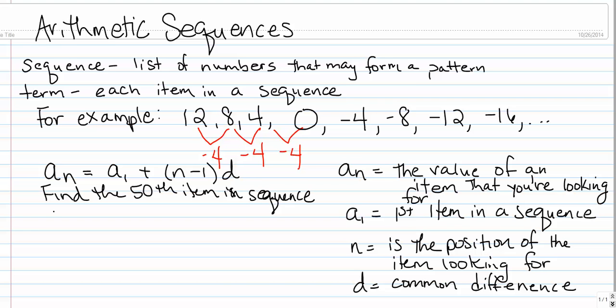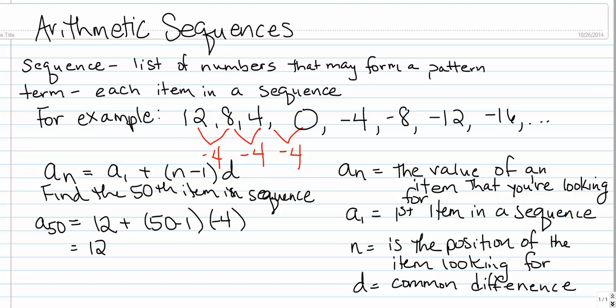Okay, so I want to know what the value of the 50th item is in the list, so a sub 50. The first item in our list was 12. 50 is the position of the item that I'm looking for, and the common difference is -4. And when that d is written right next to those parentheses, that means I'm going to multiply the common difference by whatever I get when I do n minus 1.